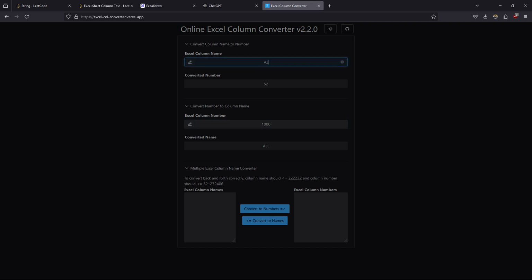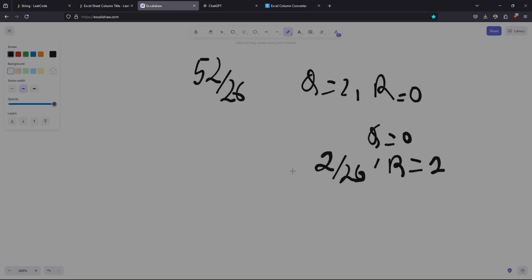Then what is AZ equivalent to 52? Yeah. So this is the case for AZ, right? As our remainder here is 2 and quotient equals 0, so it will be 2 in this case.